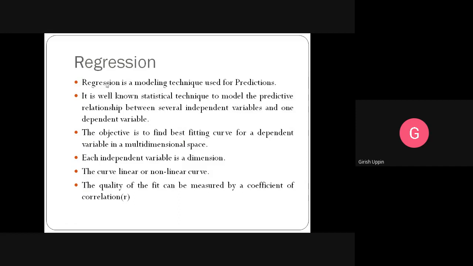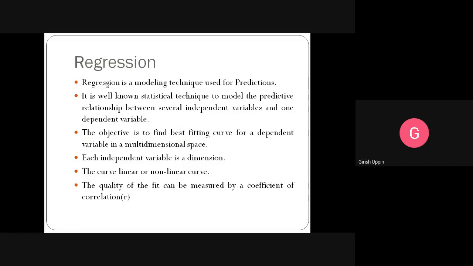That prediction is related to a problem where you want to do prediction. For example, you want to predict the sales figures in a particular company. Based on the historical data, you can train the model and do the predictions.